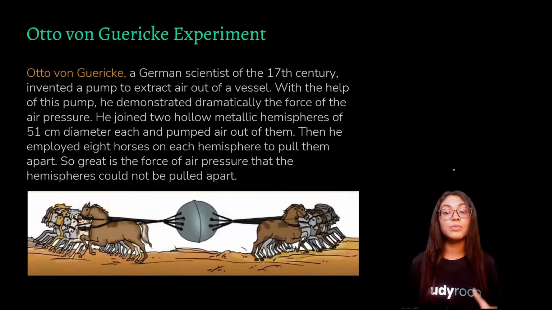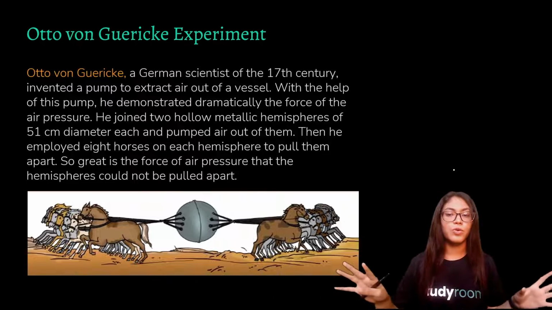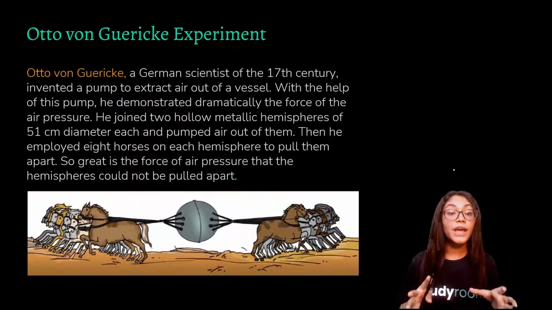Now, there was this German scientist, Otto von Guericke. In the 17th century, he invented a pump to extract air out of a vessel. He joined two hollow metallic spheres of 51 centimeter diameter and pumped all the air out of them. Then he employed 8 horses on each side.